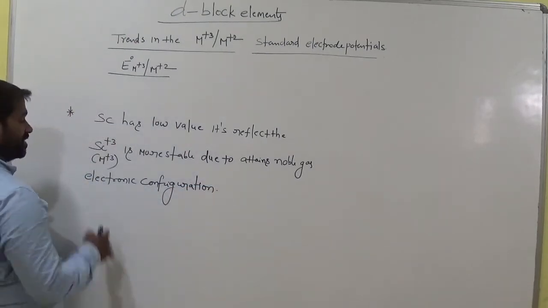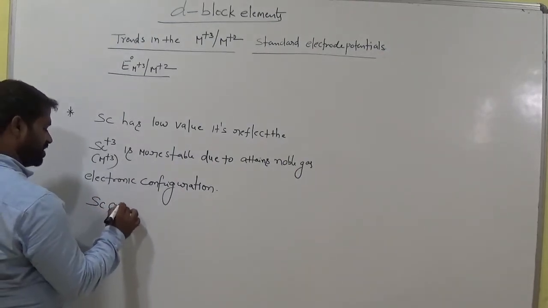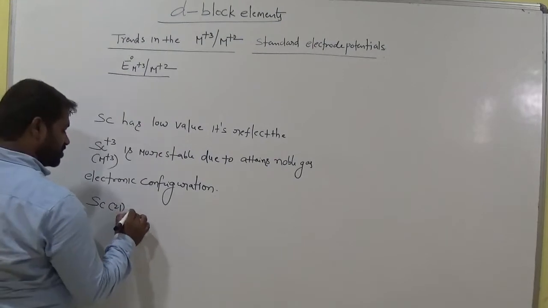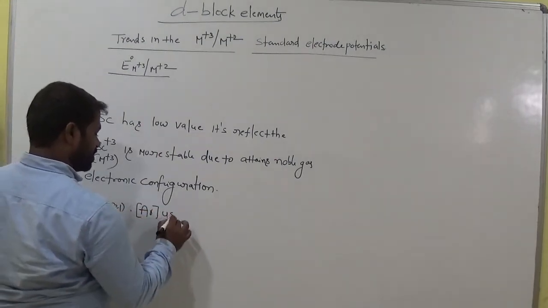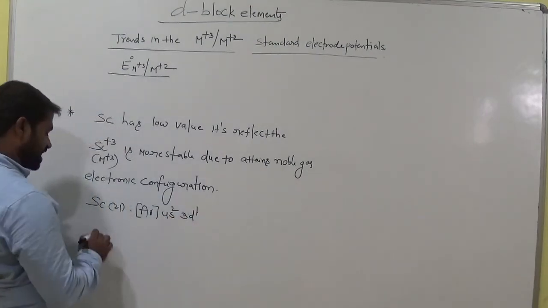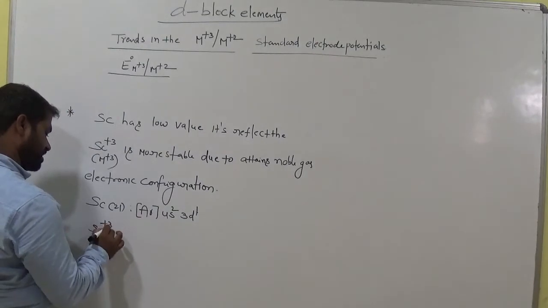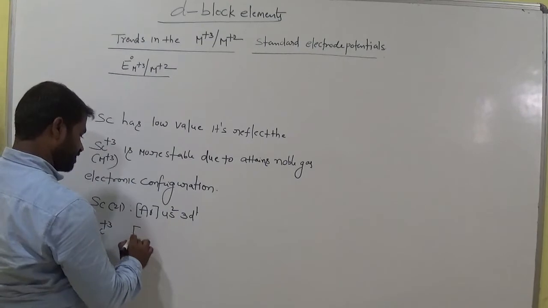Let's see the example here. Scandium, what is the atomic number? 21. So write the electronic configuration of scandium: argon 4s2 3d1. Scandium +3 means it loses 3 electrons, am I right?